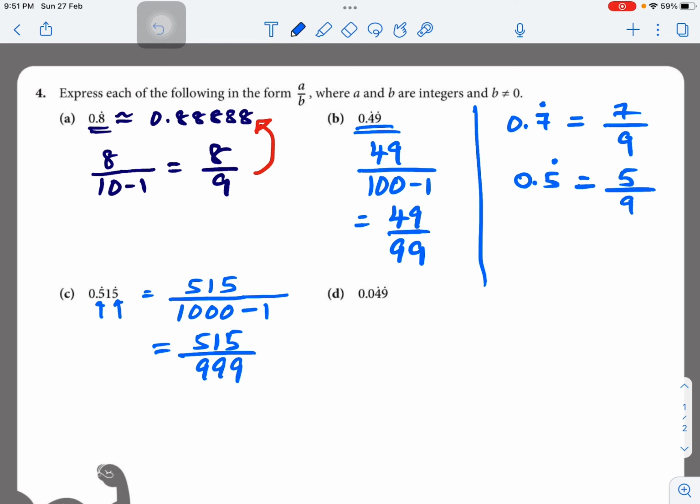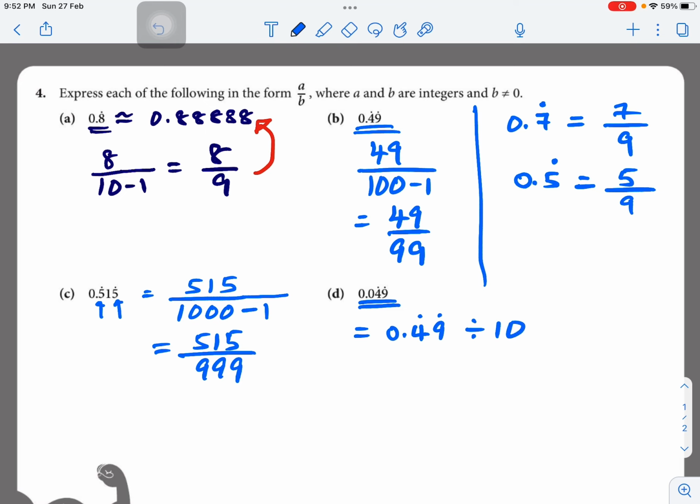Okay, now what about for this part here? Well, if you notice, there's a 0 in front, right? So it's quite different from your B itself. It may look the same, but it's slightly different. So what this means is you need to bring it back to this form. You need to have 0.49 recurring, so that is the same as dividing by 10, right?